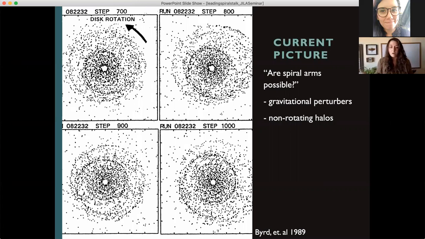Up until now, most simulations are not run with a spinning dark matter halo around them. This is where we come in. Our simulation is unique in that we have put a disk in a retrograde rotating halo because we hypothesize that it could simulate the same behavior as we see, for example, in NGC 4622.